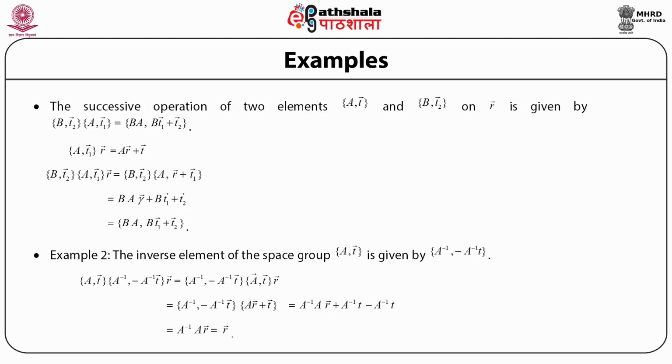So the inverse element of the space group element {A|T} is given by {A^-1|-A^-1 T}.